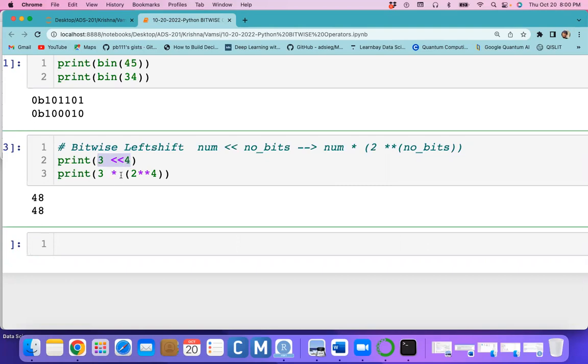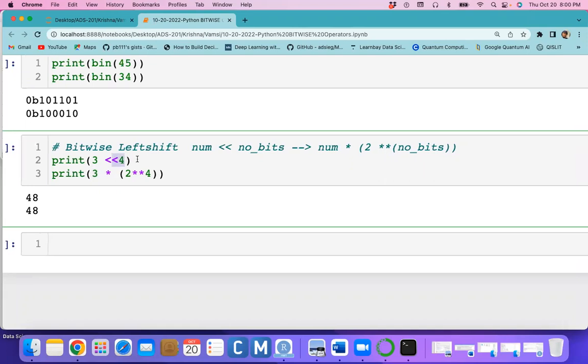That means 3 left shift of 4 is 3 multiplied by 2 power of the number of bits. You just remember this particular formula. It can help you understand why we are getting this value.